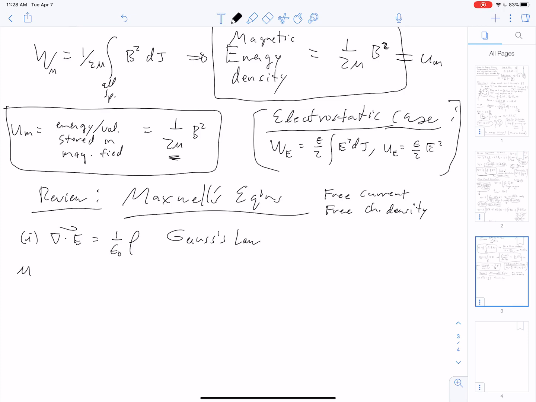And the second one is the equivalent Gauss's law for the magnetic field: del dot B is 0, because there is no magnetic monopole, so we'll call this the no monopole law.